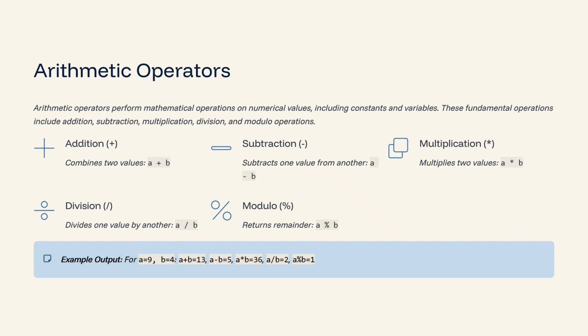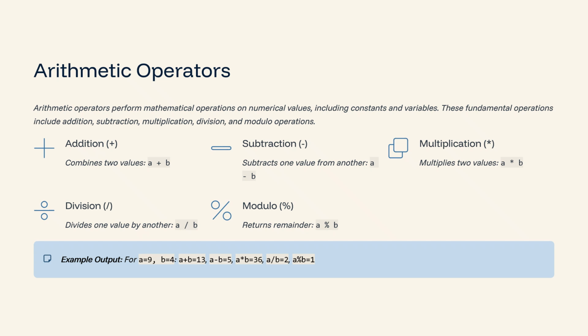And 9 % 4, which performs modulo division, gives the remainder 1. Let us take another example of integer division: 10 / 3 equals 3, the fractional part is removed, whereas 10 % 3 equals 1.